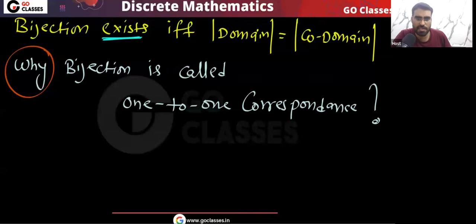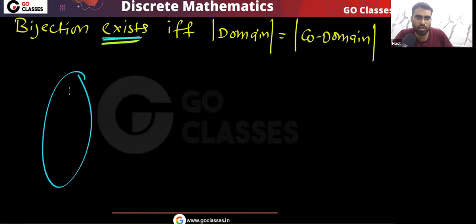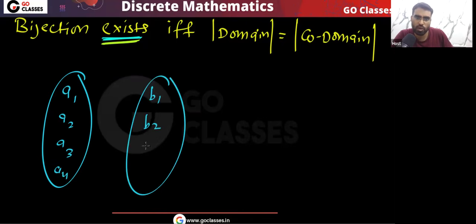And the reason is actually very simple. Because just look at any bijection. Okay, bijection will exist when they have same cardinality, domain and codomain. So let's assume you have domain and you have codomain. Okay, so let's assume they have four elements. Now try to create a bijection.